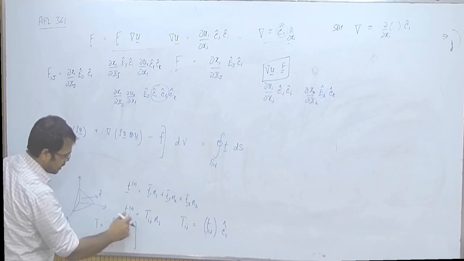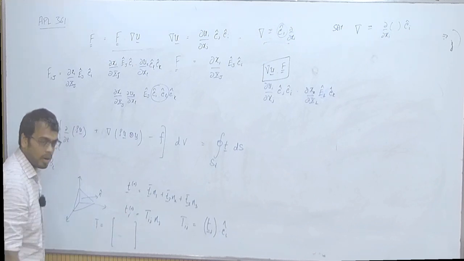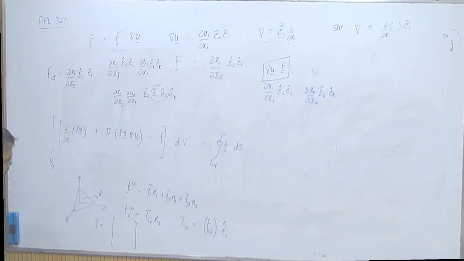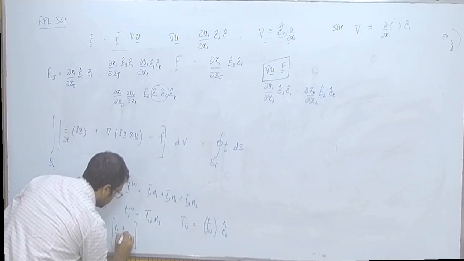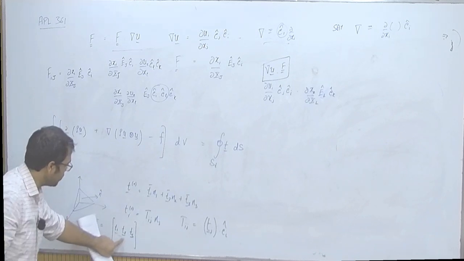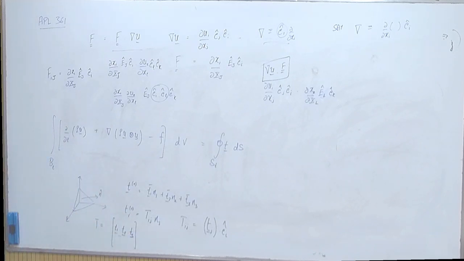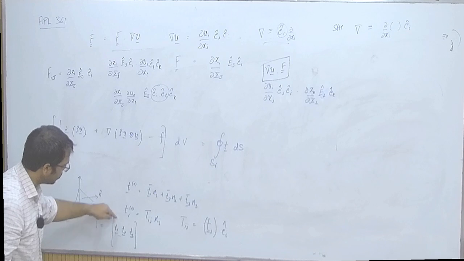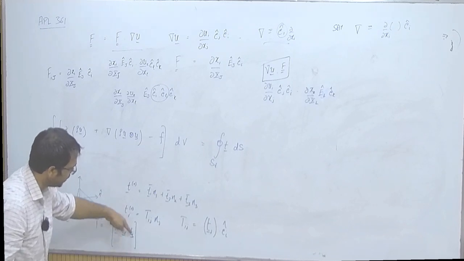How are the vectors arranged? Are they arranged column wise or row wise? Column wise, right? So, you have T1, T2, T3, where each of them is a column vector. Do you see this? So, these are 3 components of T1, 3 components of T2, 3 components of T3.